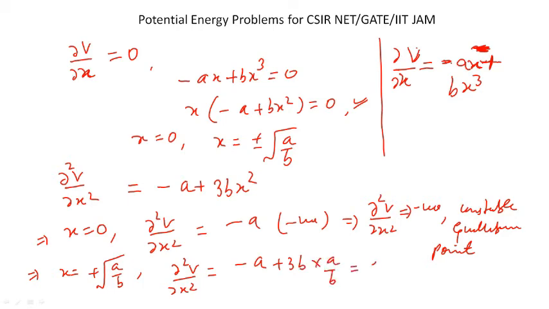So it becomes twice a, as a is positive, so it becomes a positive value. That means del 2v over del x2 is positive. The point x equal to plus minus root a upon b will produce a stable equilibrium point.